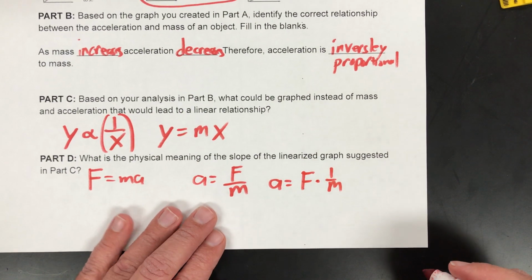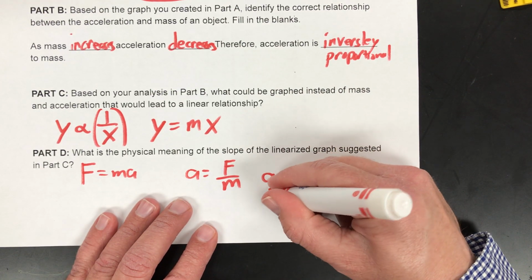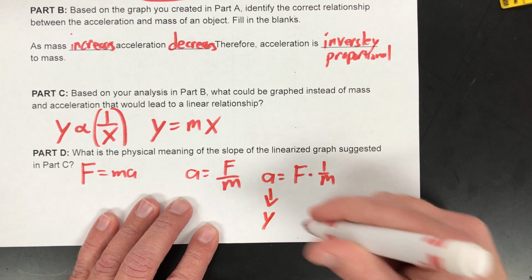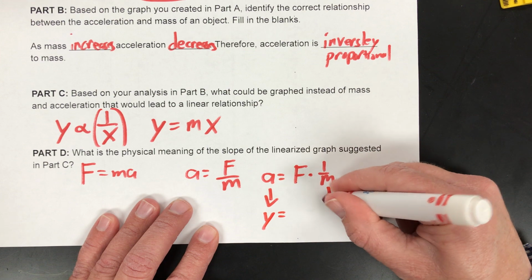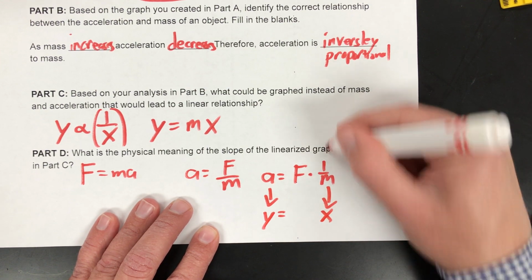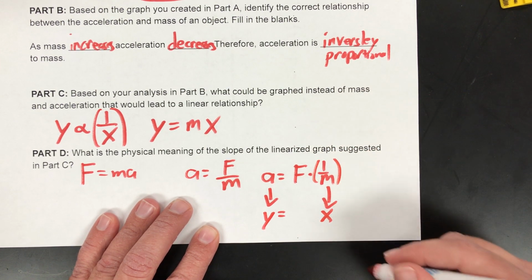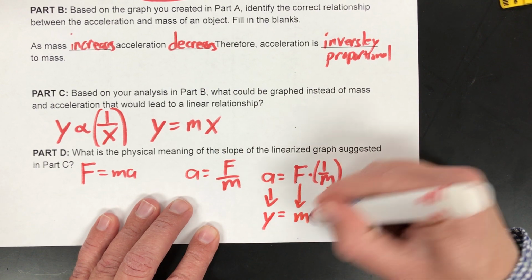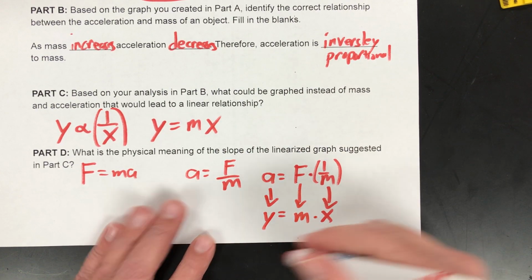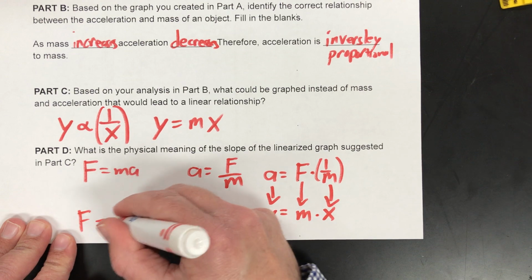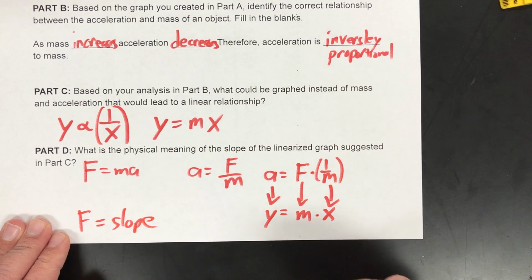And now we can see, if we make this a line, what everything becomes. The acceleration is our y, so we'd put that on our y-axis. 1 over m is our x there, which leads force there to be our slope. So the force would be the slope in that case.